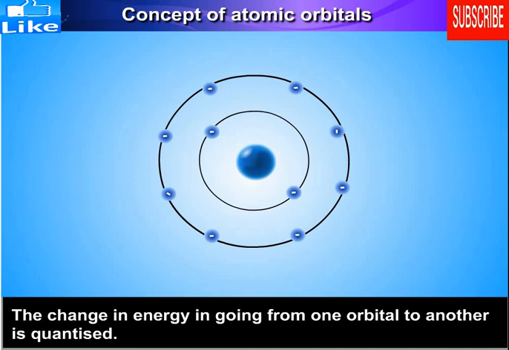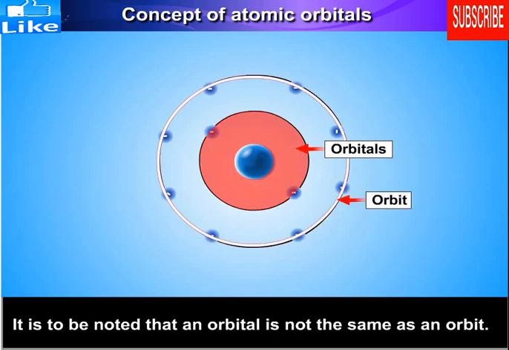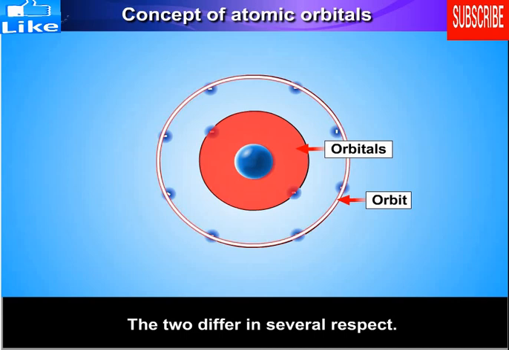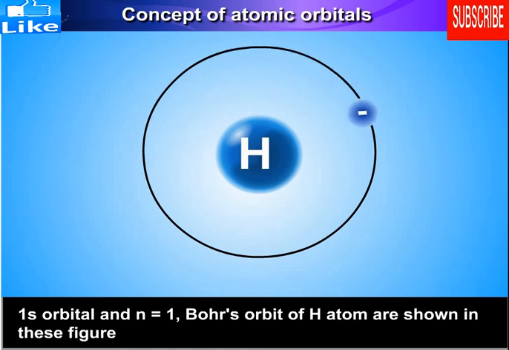The change in energy in going from one orbital to another is quantized. It is to be noted that an orbital is not the same as an orbit. The two differ in several respects. 1s orbital and n equals 1 Bohr orbit of H atom are shown in above figure.